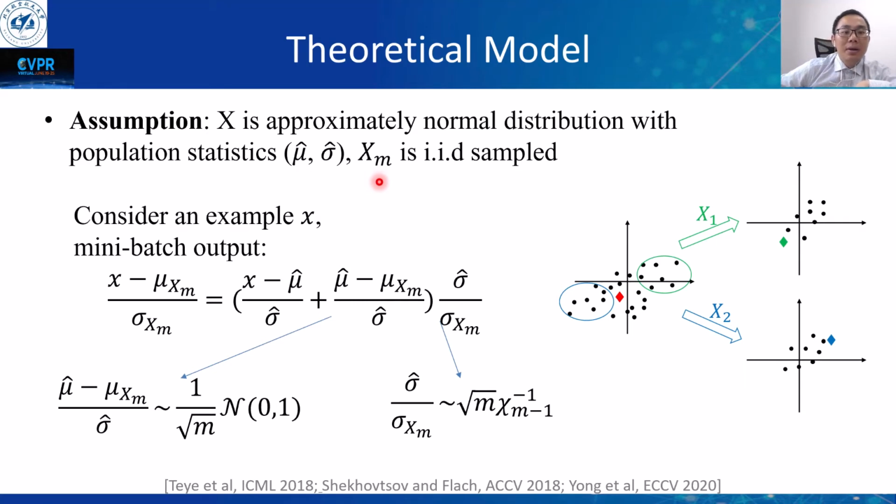Here, considering an example X, its mini-batch output can be formulated as this. Under the assumption, this term is a normal distribution, and this term is a Kappa distribution. Therefore, the output is theoretically modeled.